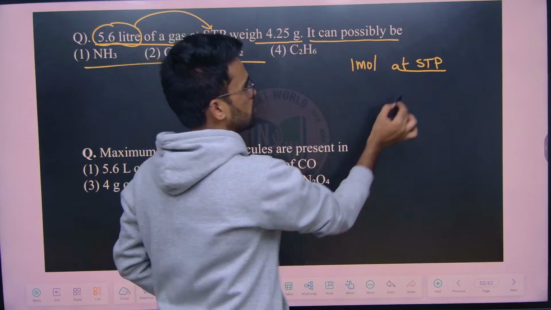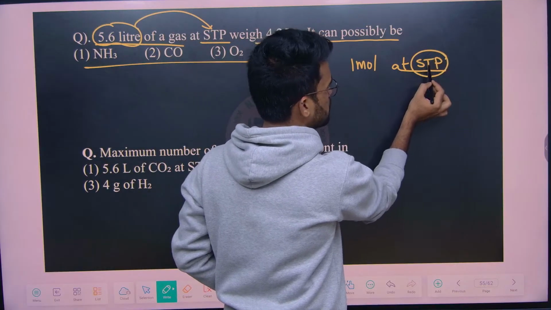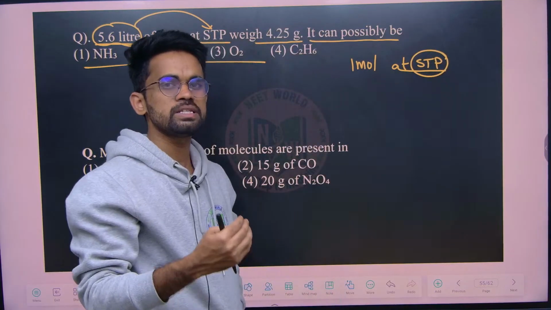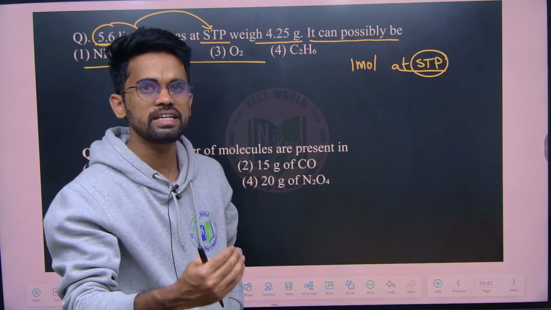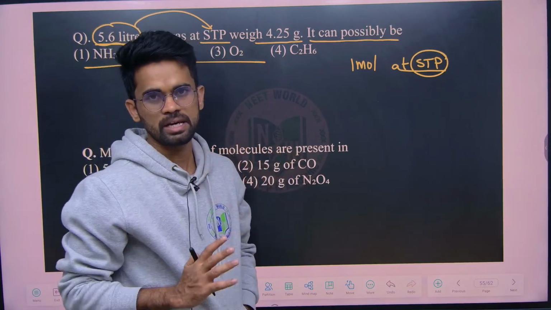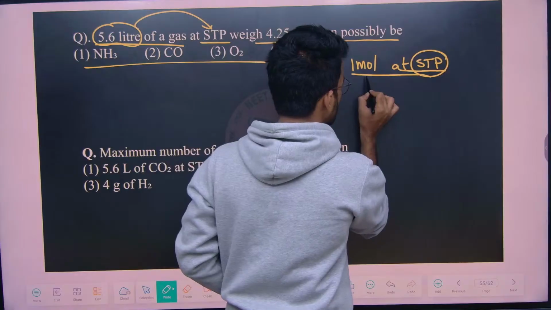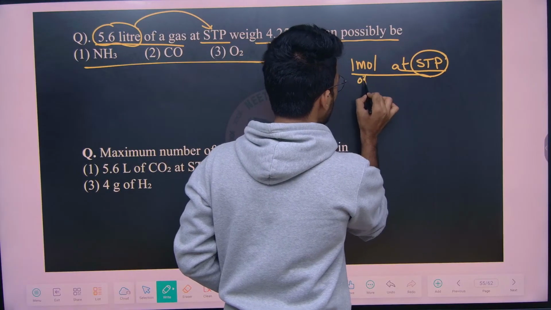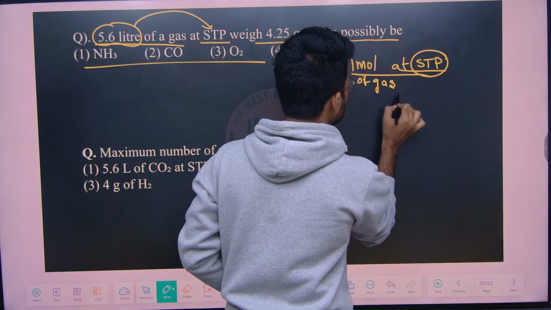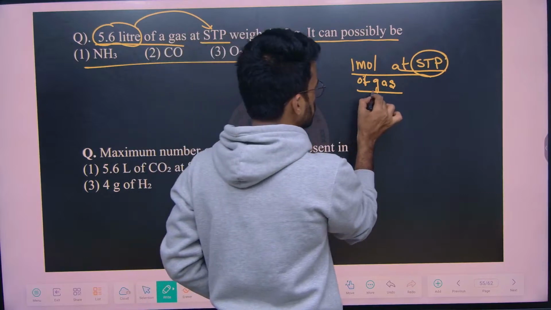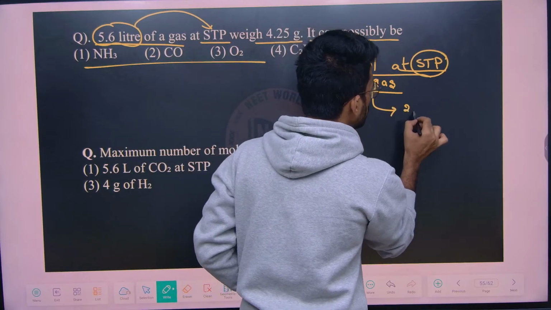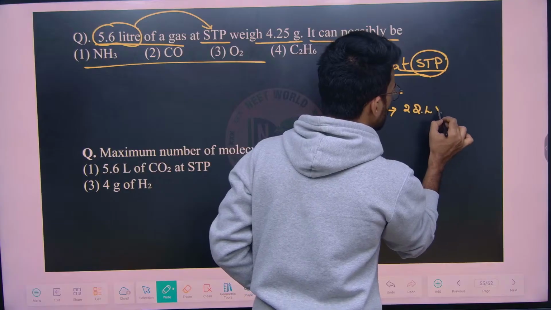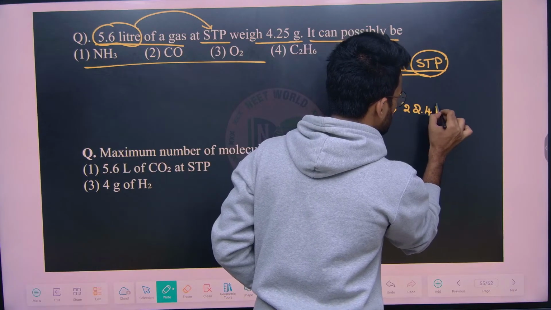At STP, what do we mean by STP? Standard temperature and pressure. Temperature should be 0 degrees Celsius or 273 Kelvin and pressure should be 1 atm. So at these conditions, 1 mole of any gas you take here, consider it as an ideal gas, that gas will occupy 22.4 liters of volume.